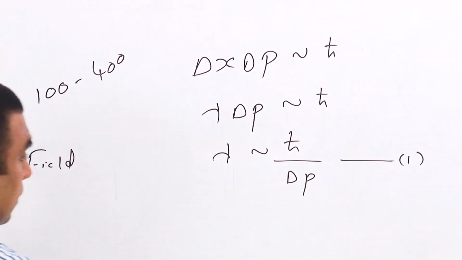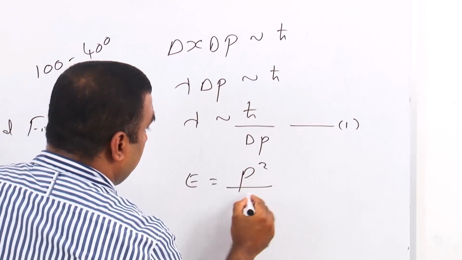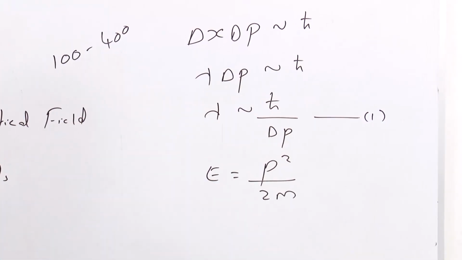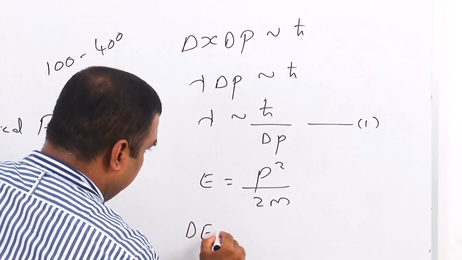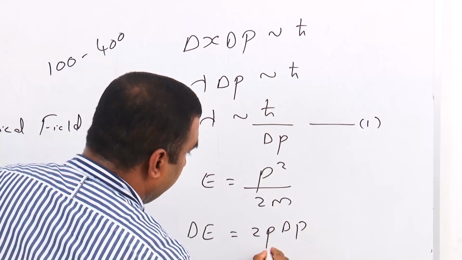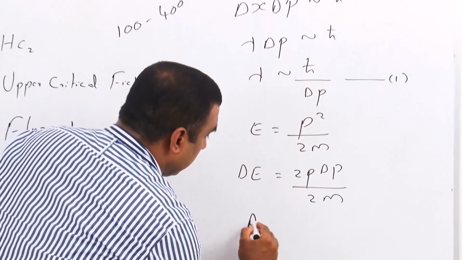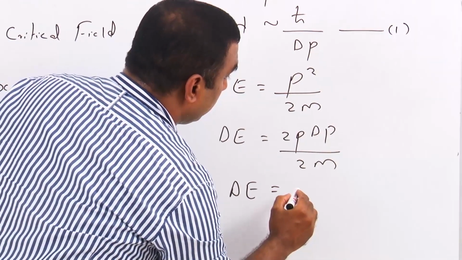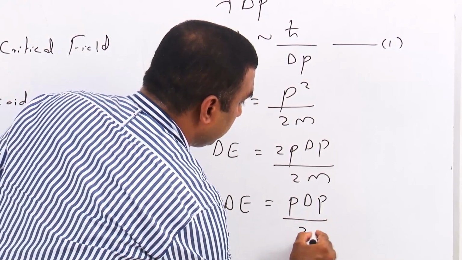We know the kinetic energy E is equal to p square by 2m. If I differentiate it, delta E is equal to 2p into delta p by 2m, or delta E is equal to p delta p by m.